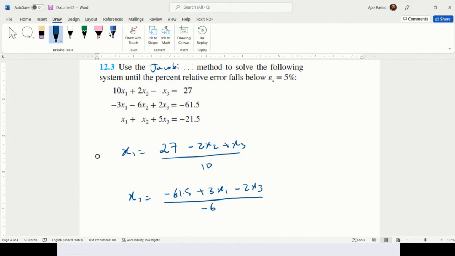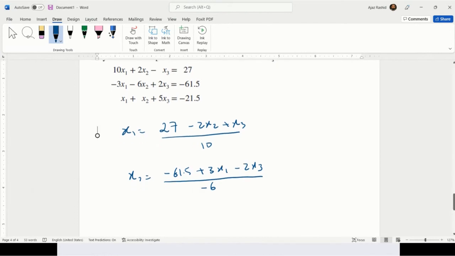Students often ignore the sign of the coefficient here. X3 is minus 21.5 minus x1 minus x2 divided by 5.